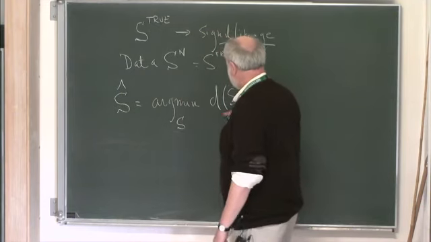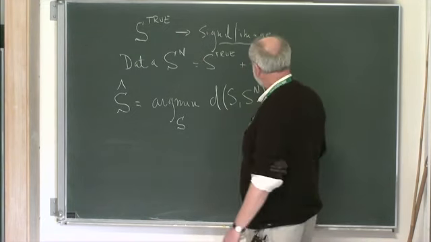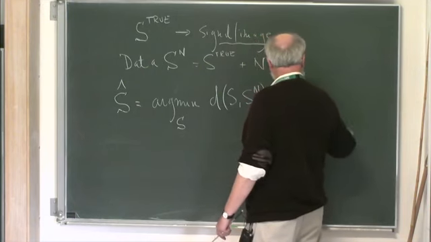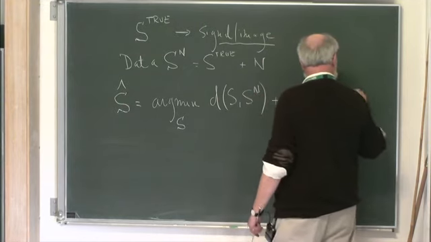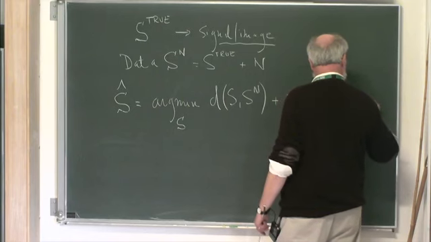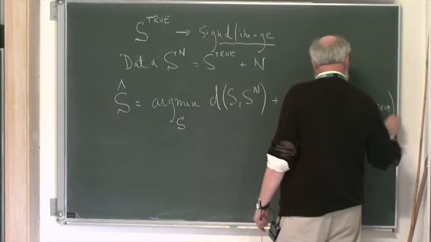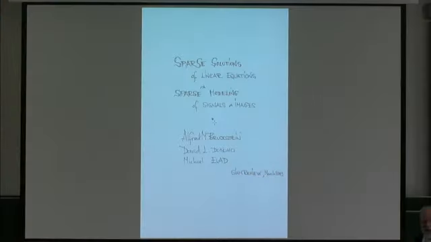This is some measure of closeness, plus some lambda times the distance between S and some prior information on S true. It's not always exactly written in this way, but this is what we have.